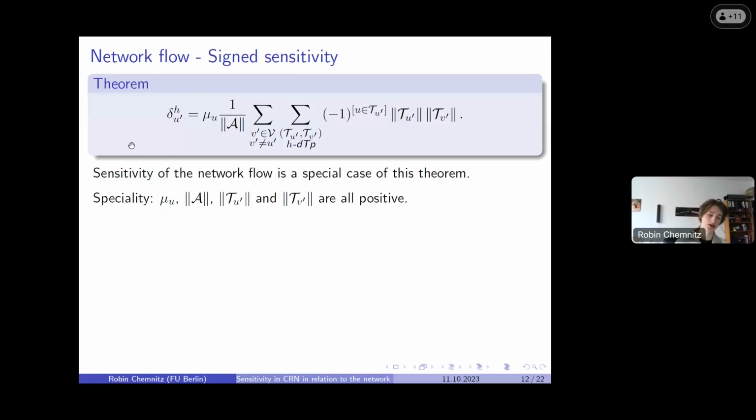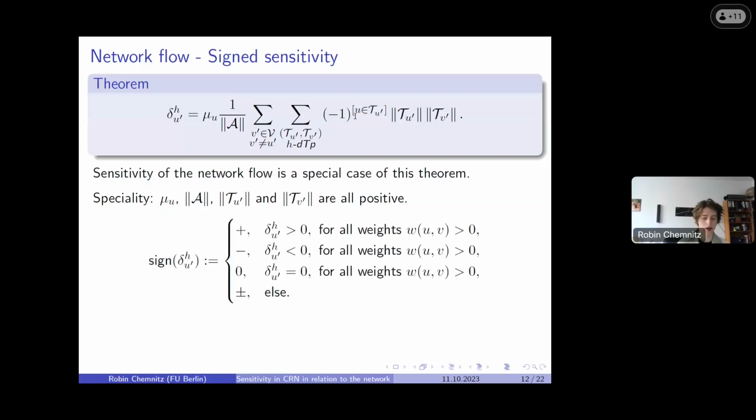So actually we just sum over a whole bunch of positive quantities, with the only difference that some of these have a positive term and some of these have a negative term. So now we can define the sign of the sensitivity, which is that we forget what the weights are. We only care about the network structure.